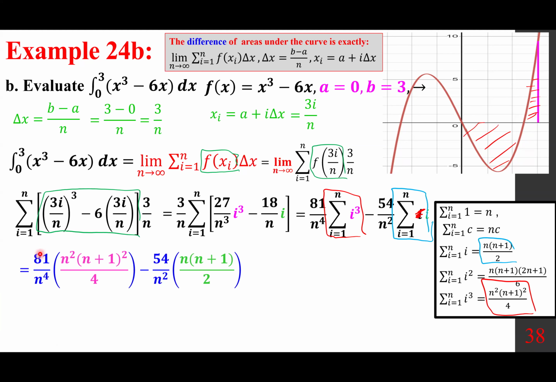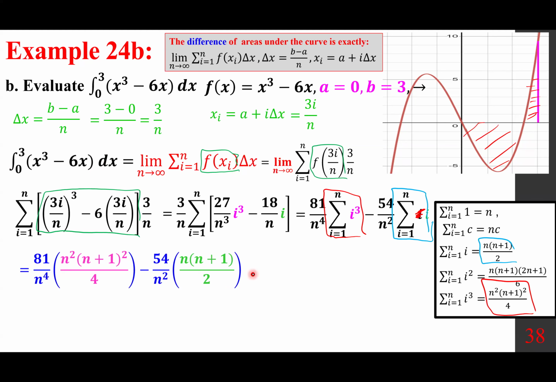Summation of i cubed is n squared times n plus 1 quantity squared over 4. Minus 54 over n squared. And summation of i is n times n plus 1 over 2. So this is the limit of that. So we have to take the limit of this.